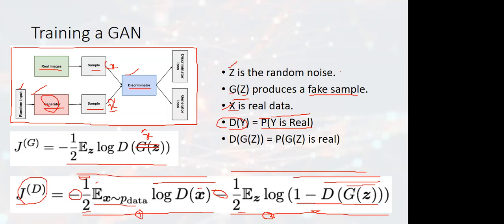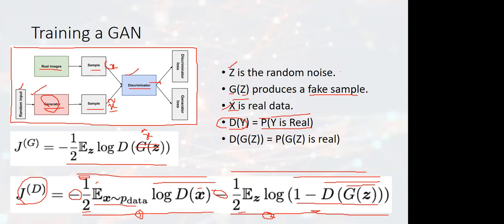So the discriminator takes in any variable, either x or x tilde, and its only purpose is to say if its input is real. So it takes something and says the probability with which it thinks that it's real. So d of x is the probability with which it thinks that x is real, and d of x tilde is the probability with which it thinks x tilde is real.